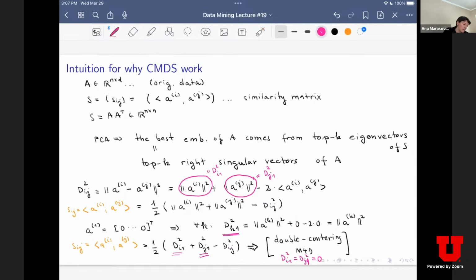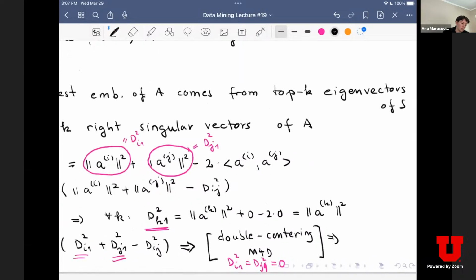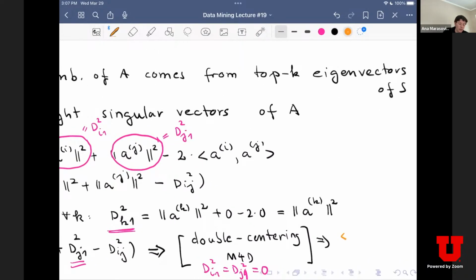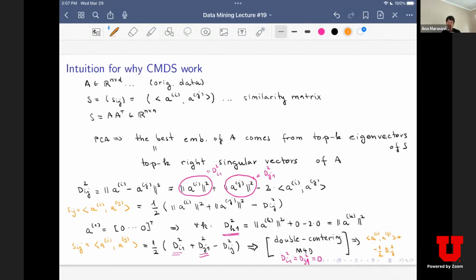So what will remain is that, if those terms have died, then Ai dot product with Aj is going to be equal to -1/2 d_ij squared. Okay, so now we know that our similarity matrix and our distance matrix have this connection if we are double centering.